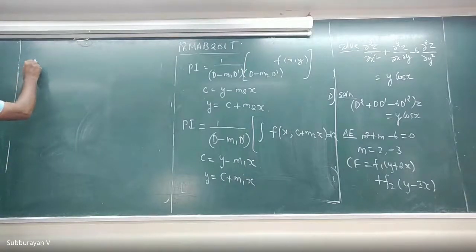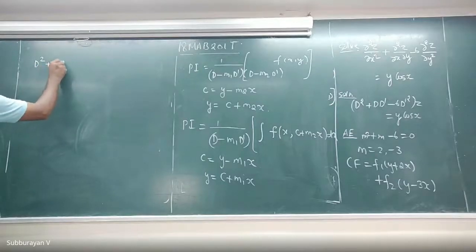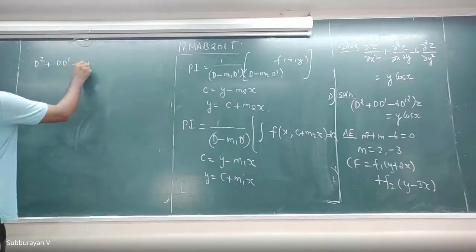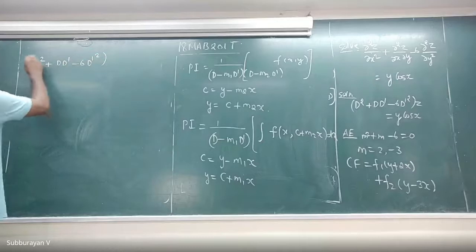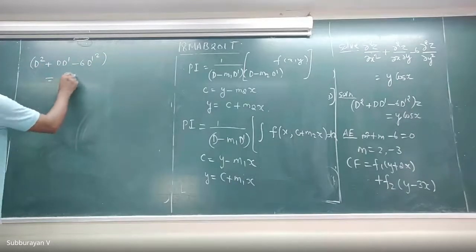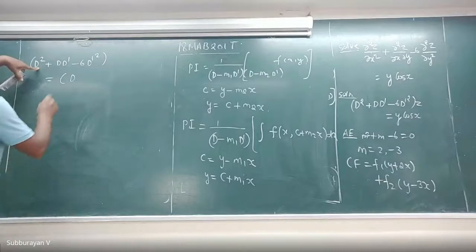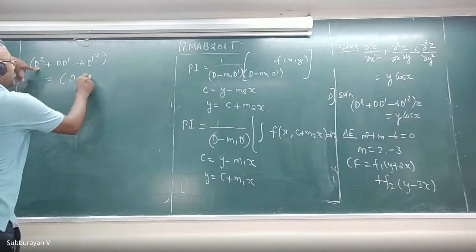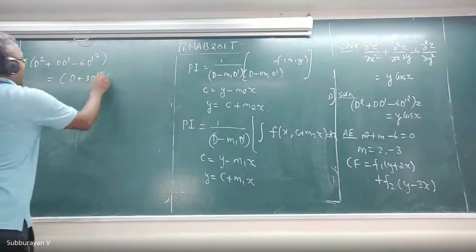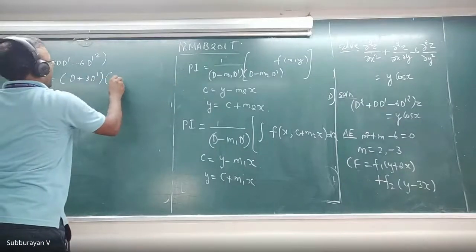That is D square plus D dash minus 6 D dash square. Now this can be written as D plus 3D dash into D minus 2D dash.